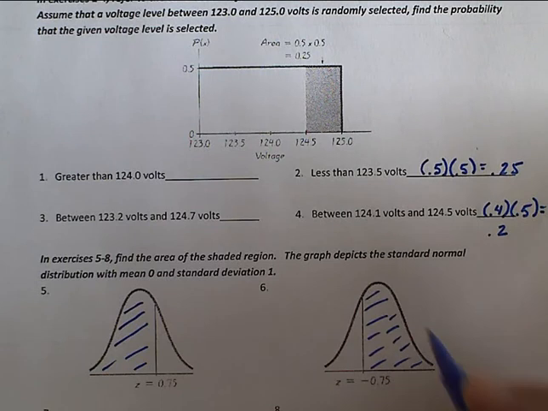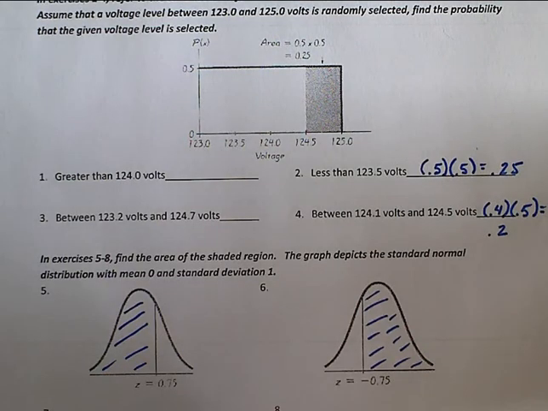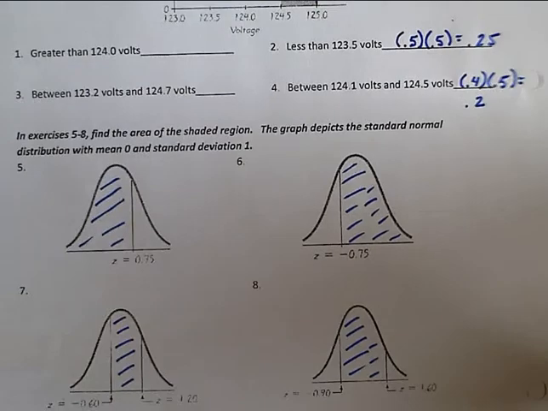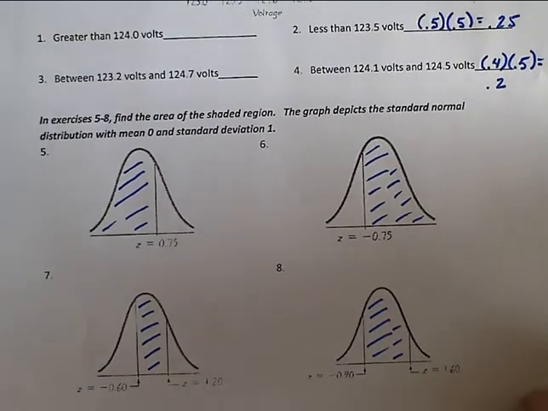And then in between on these two. So that's going to be our goal for these 4 problems. What's the area under the curve, or the probability depicted by that z-score? Now then we'll take it backwards here on these other ones.